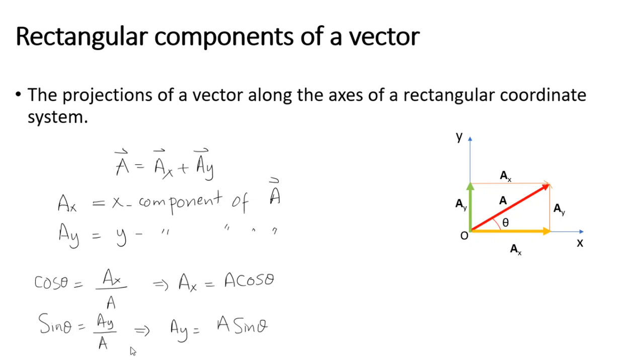If I want to find the magnitude of A, here in this right angle triangle, ax is the base, ay is the perpendicular, and A is the hypotenuse.